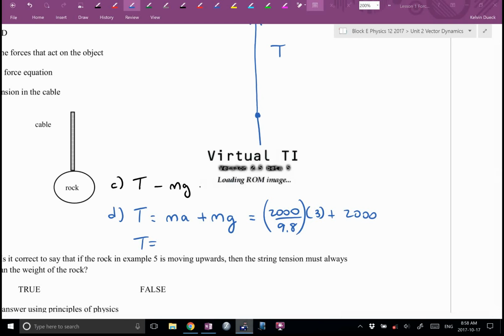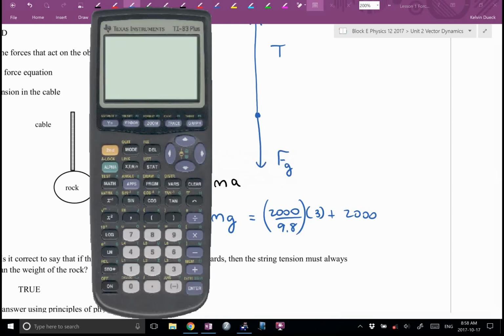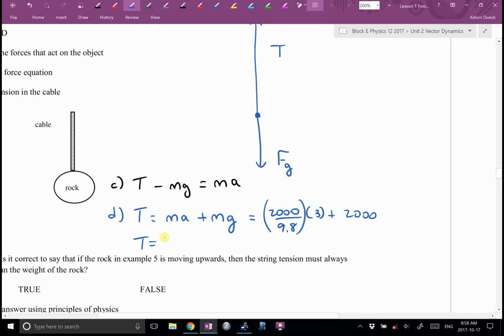I mean, you could calculate the mass, but if I'm going to type that into my calculator, why don't I just put that in the equation, then there's no rounding off. 2,000 divided by 9.8 times 3 plus 2,000. I get a tension in the cable of 2,612. I'll go to 3 sig figs, 2610 newtons.